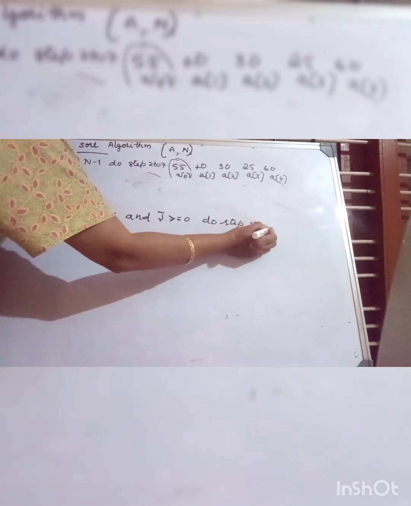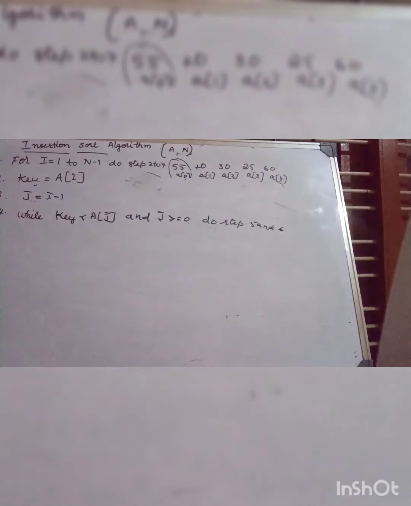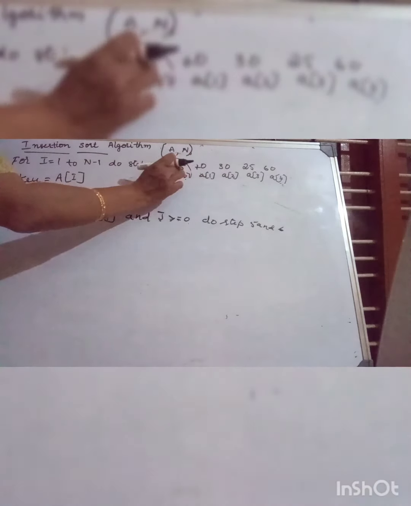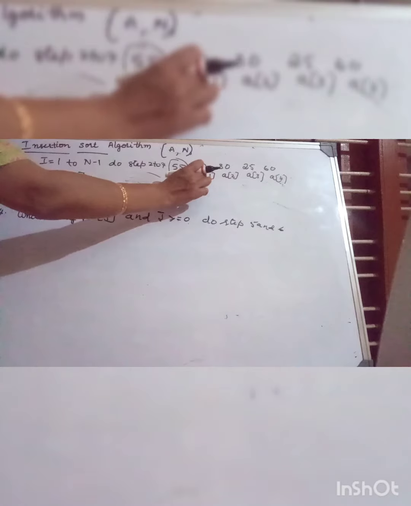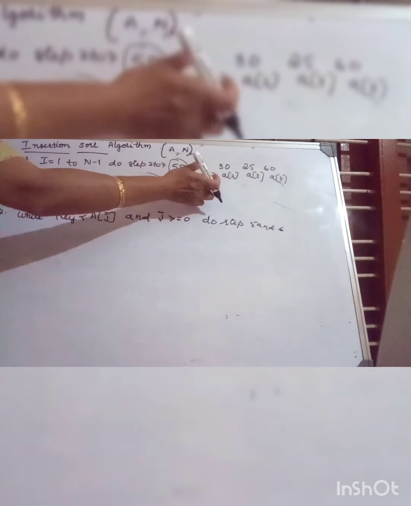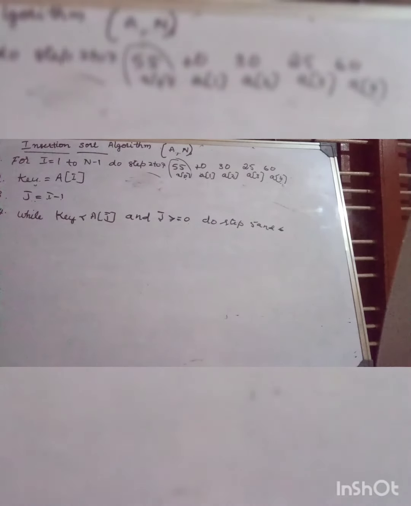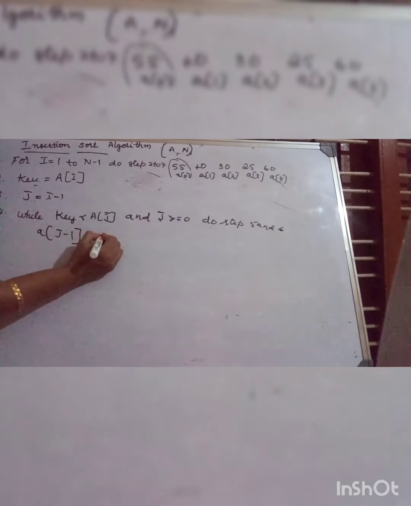5 and 6. That means, as I told, how to interchange. If the key element is less than the next element, exchange. Like that we are going to exchange the elements. A of j plus 1 is equal to A of j.